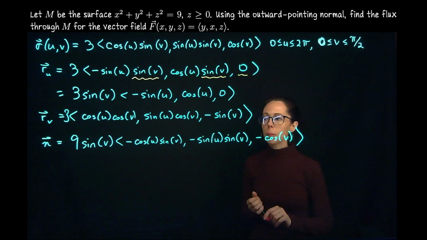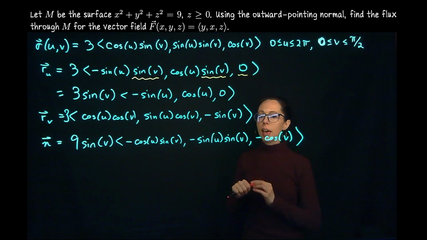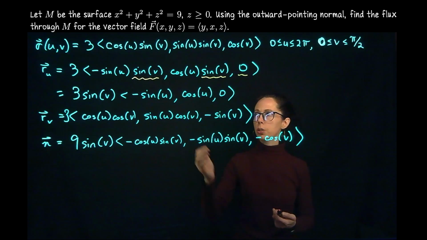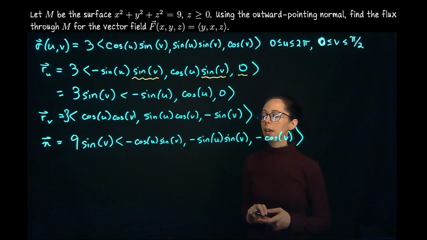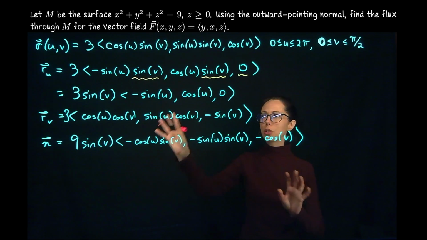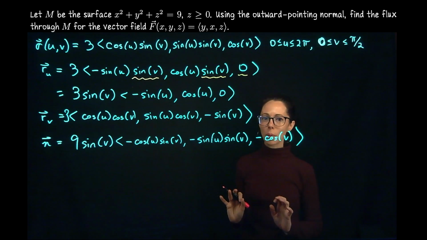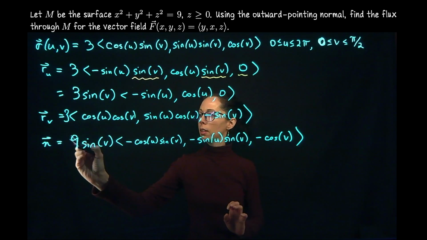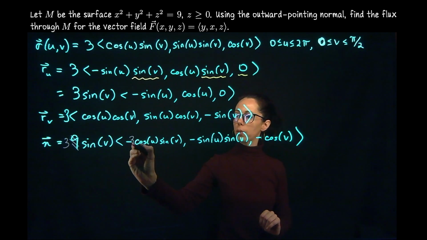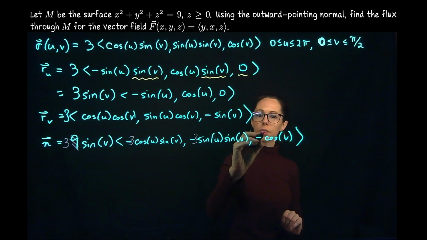The second one is a little bit more subtle if you haven't seen this. And that is, notice how similar these coordinates are to the original parametrization. In fact, let me undo some of this factoring out front that I started with. I'm going to take this 9 and drop a 3 into each of these coordinates. So 3, 3, 3.